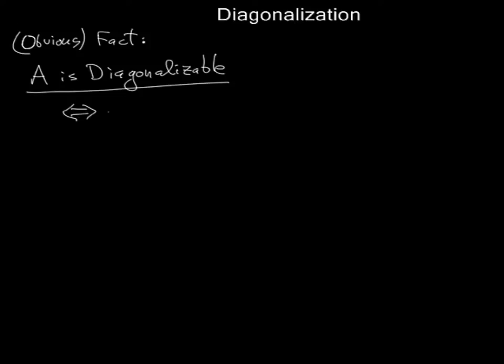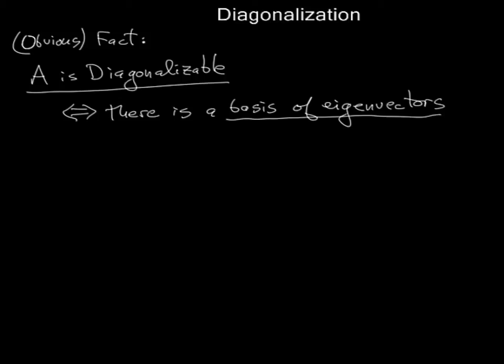So I should emphasize an obvious fact here, and it's the following. To say a matrix A is diagonalizable is exactly the same thing as saying that there is a basis consisting of eigenvectors of A. And these eigenvalues might or might not be distinct.